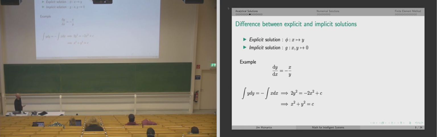It would be a circle of radius square root of c. And so we have a family of solutions. We don't have one solution.